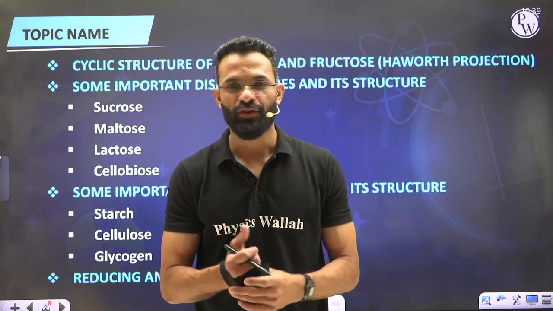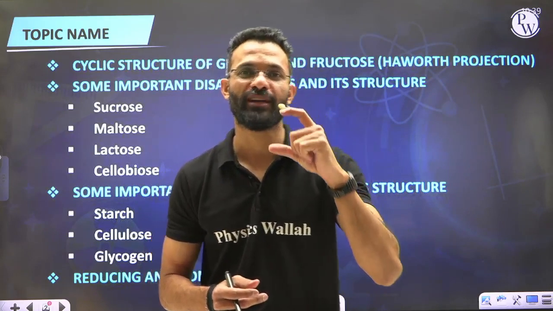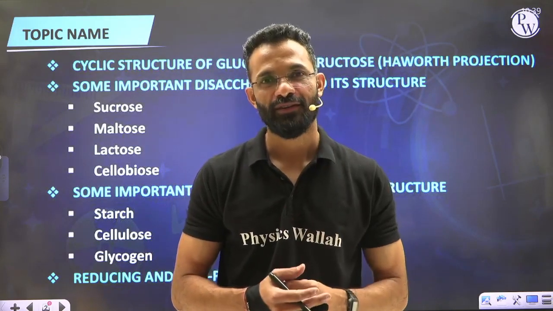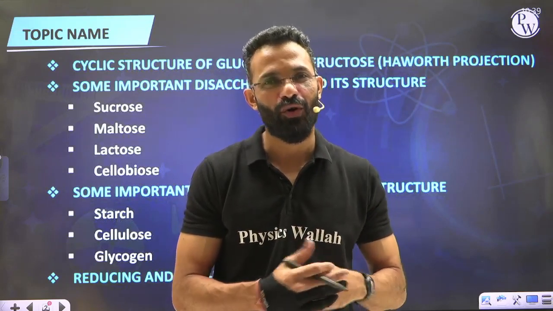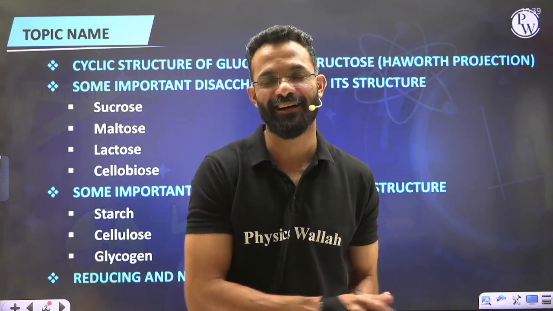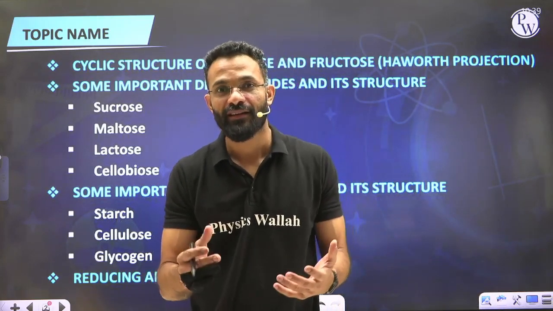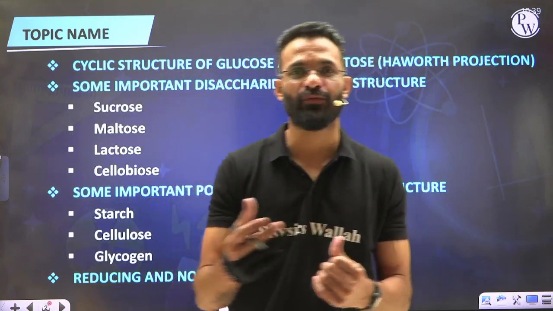When you draw the open chain structure of glucose, we know that there is a first carbon atom which you call the aldehydic functional group. So we expect the open chain structure of glucose to show all the possible reactions which are otherwise shown by any other aldehydic group.